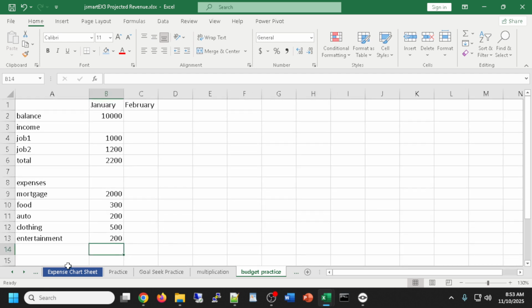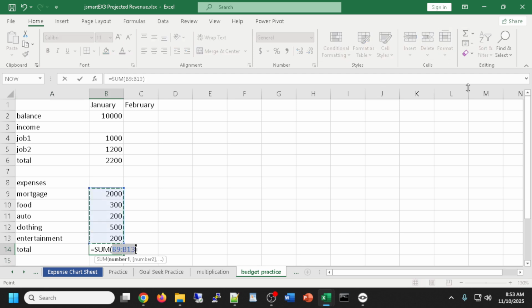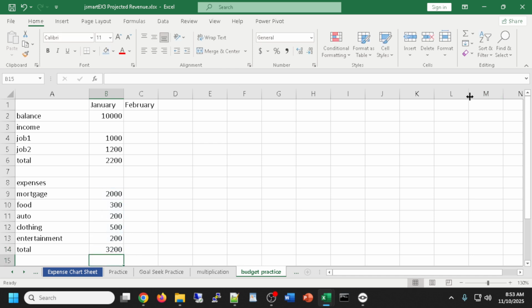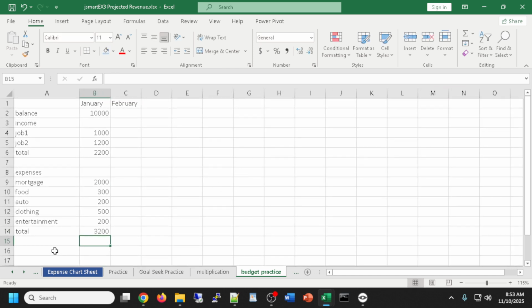Now, ending balance. Oh, I forgot, we need a total expenses. We'll be summing those together. And now, ending balance. I call this the marriage saving formula because many marriages have tension due to financial issues.